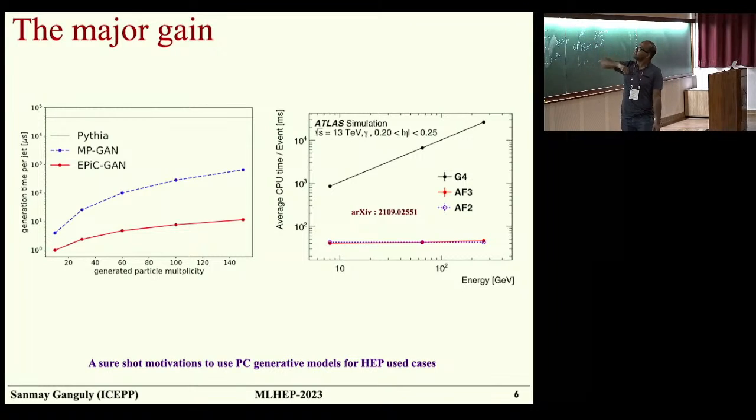The right-hand side is a realistic example in our ATLAS FastCaloSim simulation, where we try to simulate the calorimeter distributions of the energies. The top black line is the time taken by Geant4 as a function of energy. When you throw more and more pions at Geant, there are much larger shower spreads, and that's why it scales up.